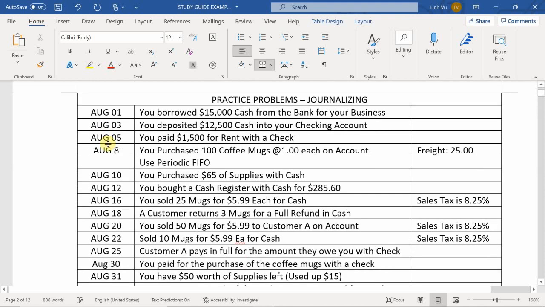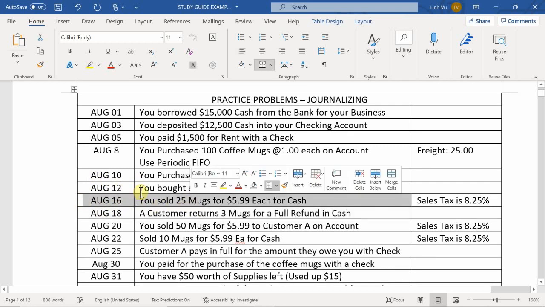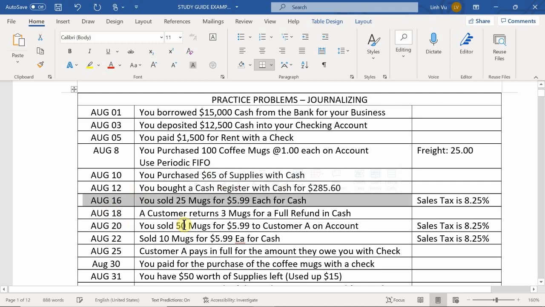It says here that on August 16 we sold 25. On August 20 we sold 50. Oh, we do sell 50 eventually, but right now we're only selling 25. So this is the amount for later.